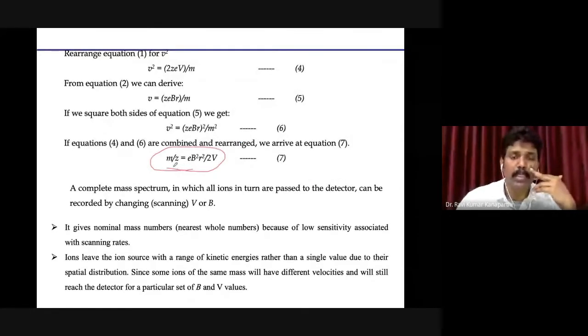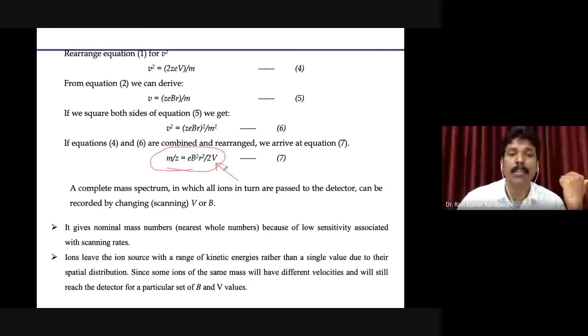The m by z value depends upon these factors: B squared r squared e divided by 2V. So at a constant magnetic field, it depends upon the voltage that is applied.